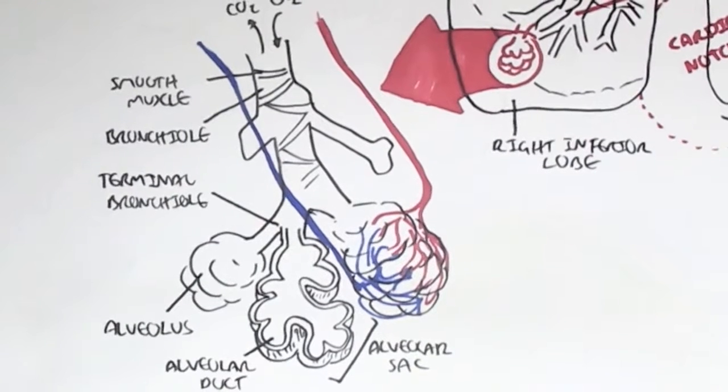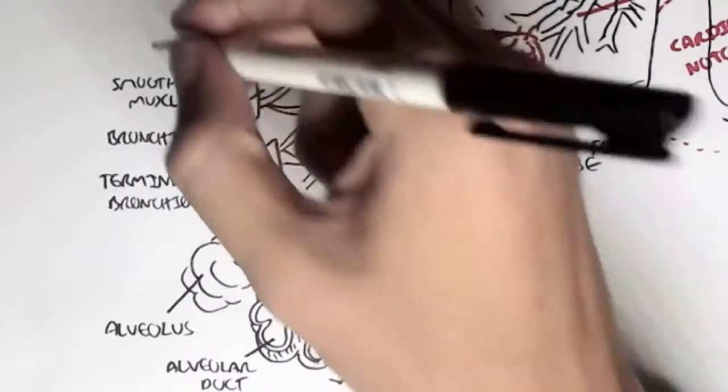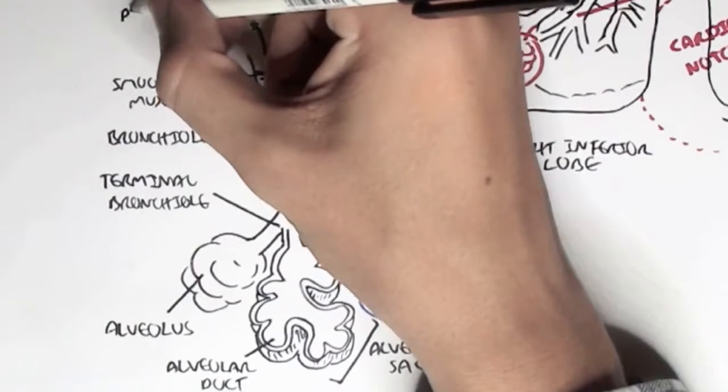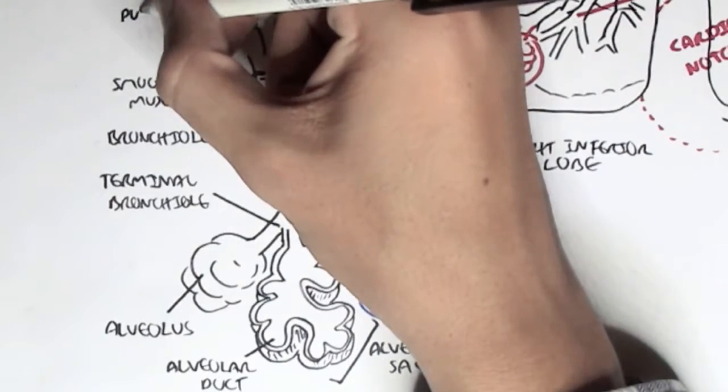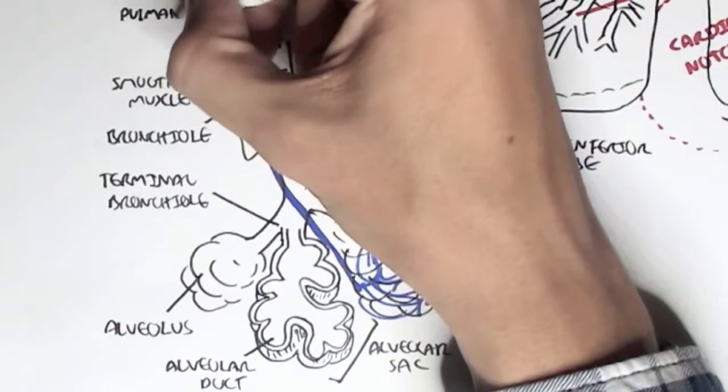Okay, this part might sound very confusing, but bear with me. Now the question is, the pulmonary artery leaves the heart with deoxygenated blood, and it contains mainly carbon dioxide, if you remember. The pulmonary artery will enter the lungs and will basically branch into the alveolar sacs.